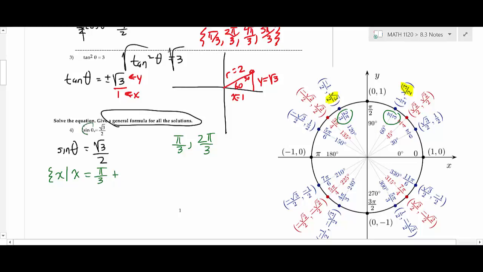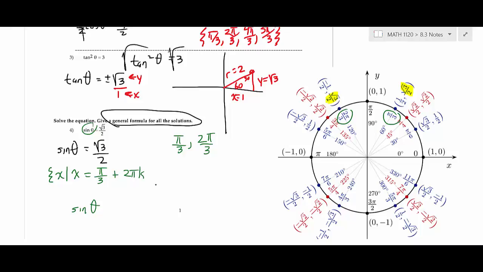Now, the period of a basic sine was what? If you graph sine theta, what's its period? 2 pi, right? So what you're going to do is put a 2 pi k there, like that. What you're saying is k is an integer. If you add 2 pi to it, you get the same answer. Do you agree with that? You take another lap around the circle, you're back to that same point on the unit circle anyway, right?